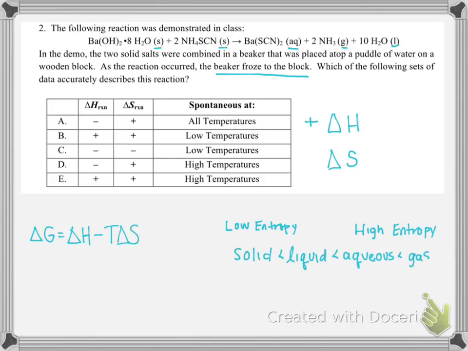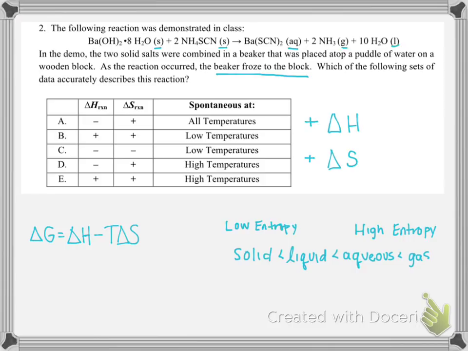And so all of the phases that our reactants turn into, our products, are all higher entropy phases. And also we just have a lot more moles of different things, which also increases the entropy, because you can have a bunch of different neighbors then. Okay, and so when we have increased entropy, that's positive.